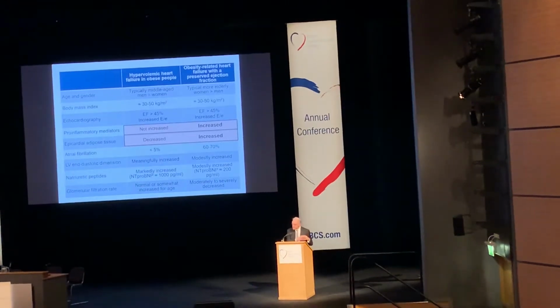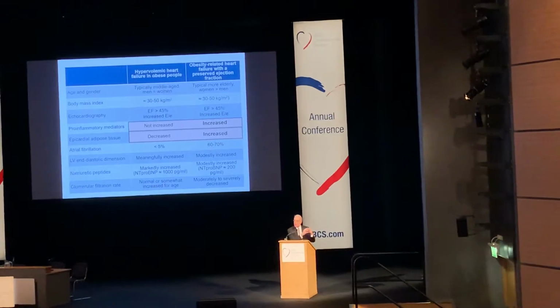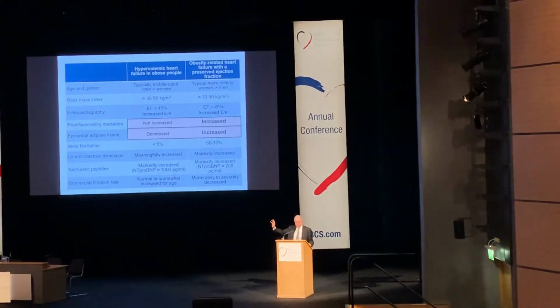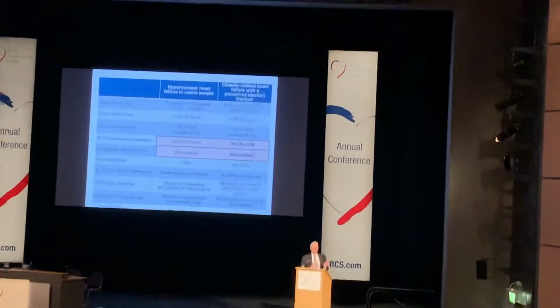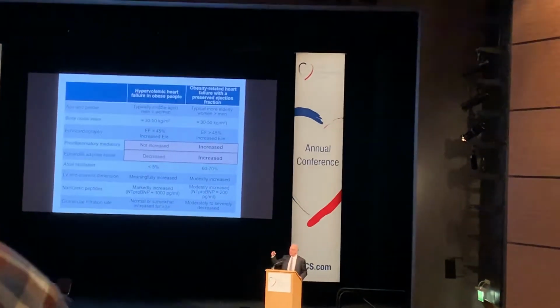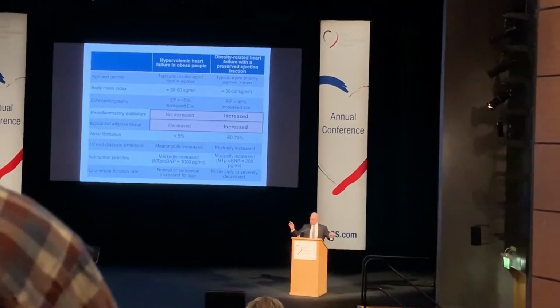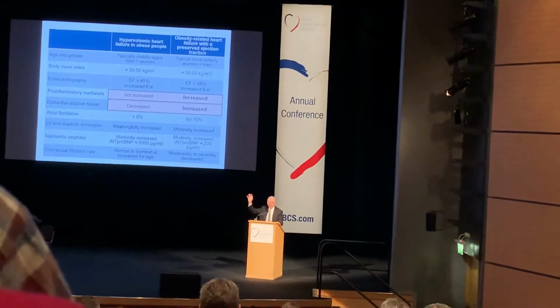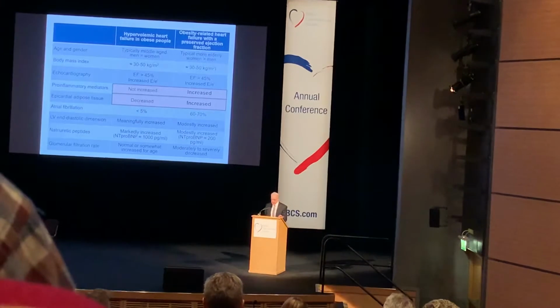Their adipose tissue is actually normal or thin. This is in marked contrast to the individuals who have obesity-related heart failure with a preserved ejection fraction. Their inflammatory mediators are markedly increased.